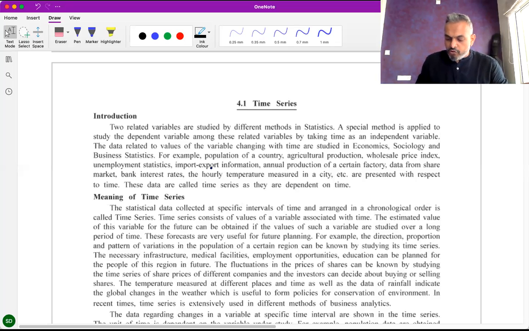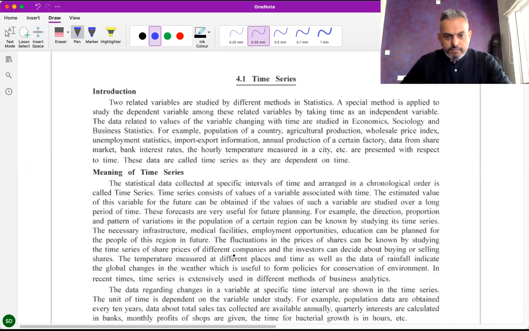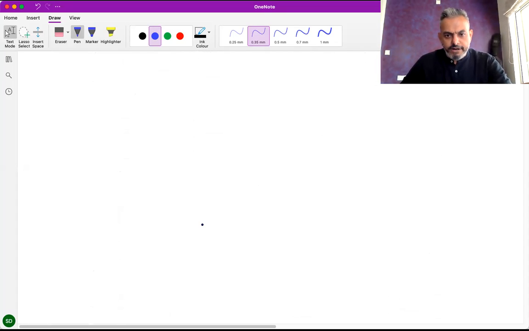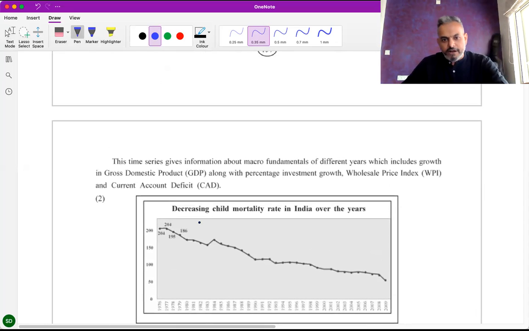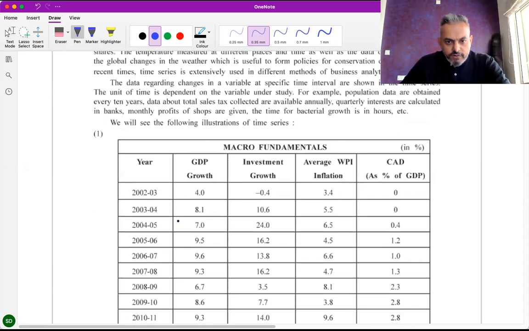Now, first let's go to page number 159. Meaning and all, you study and read on your own. Directly come to these wonderful graphs over here.